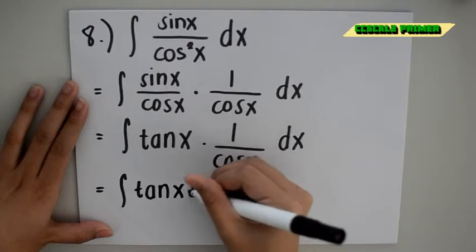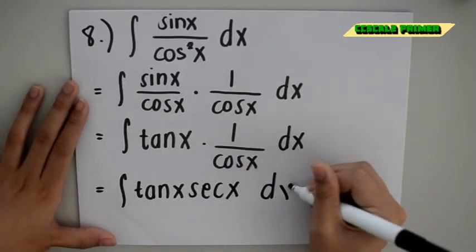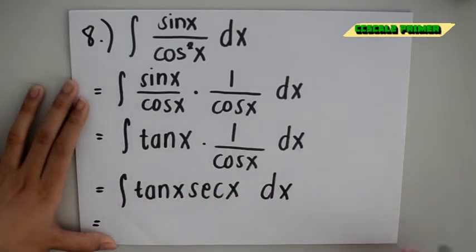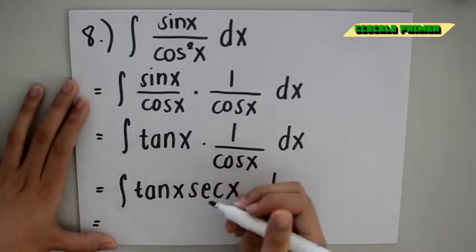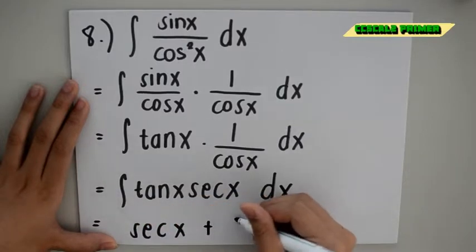One over cosine x becomes secant x, so that the expression now becomes the integral of tan x secant x dx. Simplifying, the answer is secant x plus c.